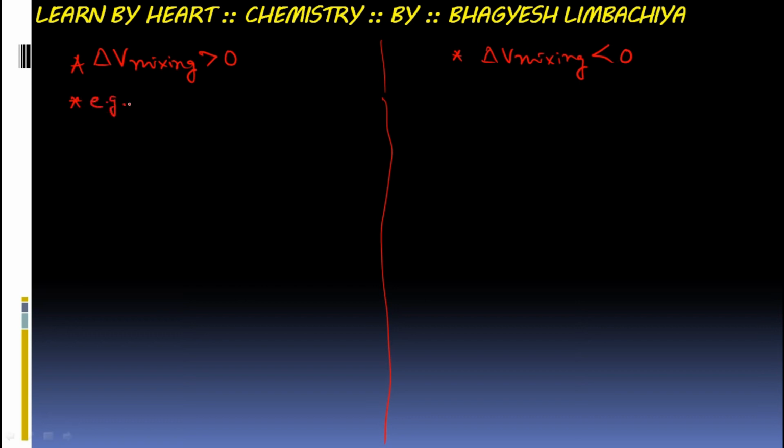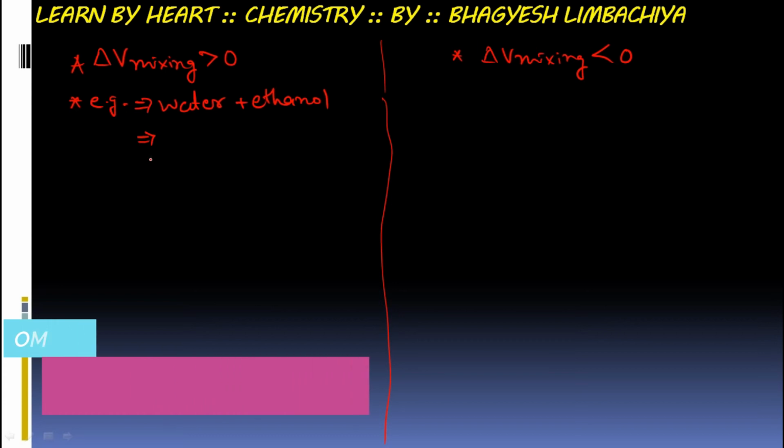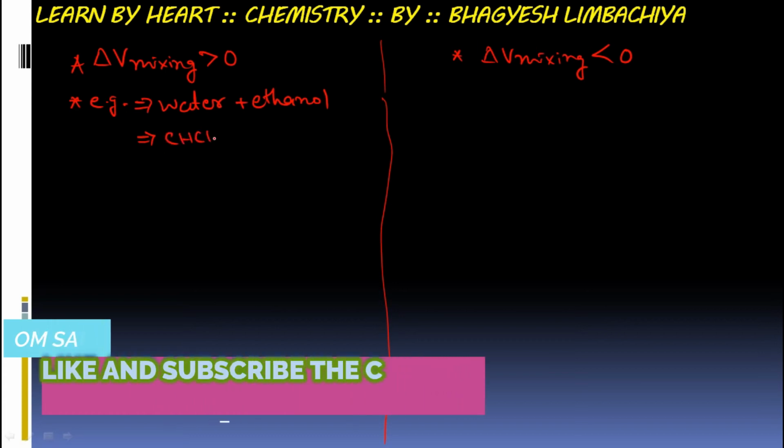Next, now we are taking the examples. First is water and ethanol. This mixture shows positive deviation, chloroform and water.